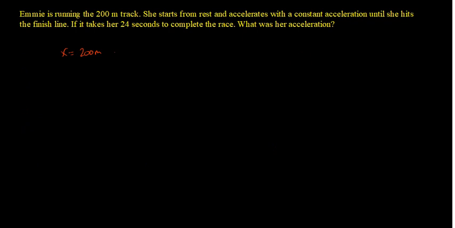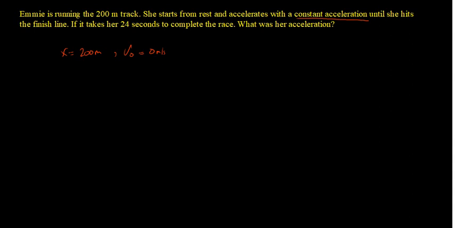That's very important information, so the initial velocity is 0 meters per second, and she accelerates with a constant acceleration. That's important for me. We said this is the main condition to use the kinematics equations. The object must be moving with a constant acceleration until she hits the finish line.